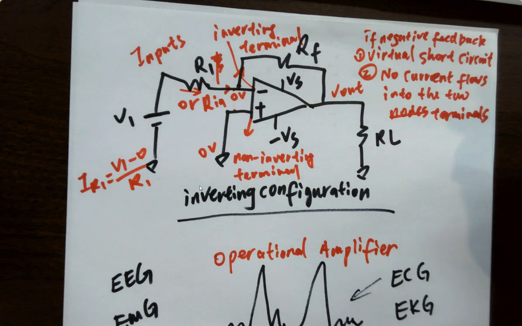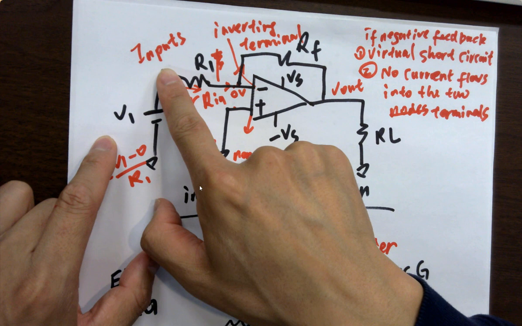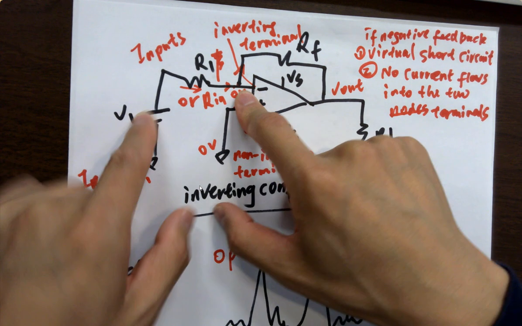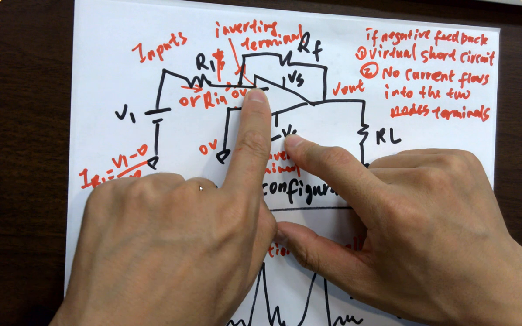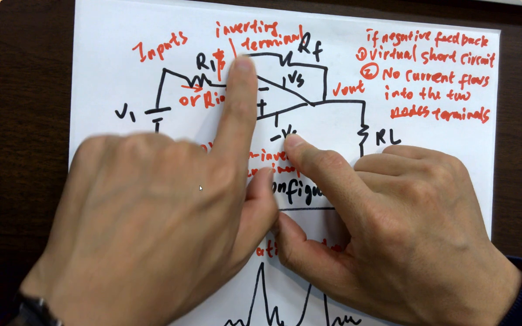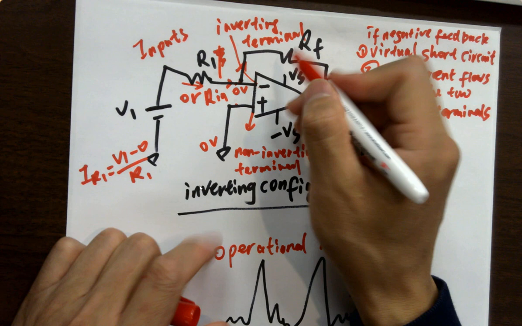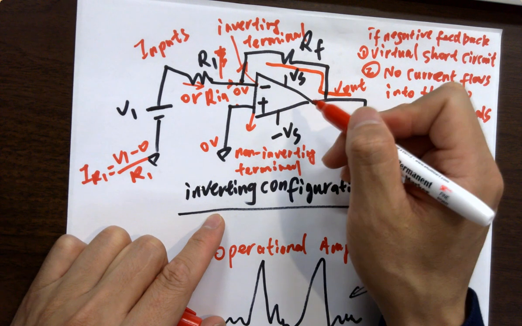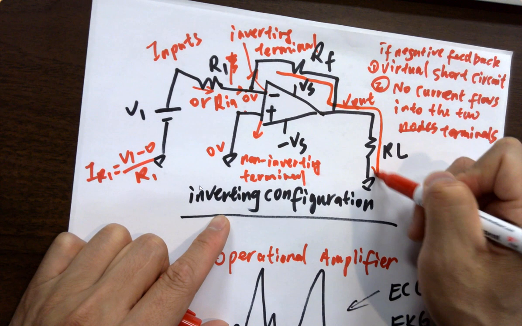It's a voltage divider, right? No, it's Ohm's law. V1 is the voltage in, and this is 0 volts. So the current will be V1 minus 0 over R1. And no current flows into the triangle, so it's going to go up and go through this resistor. Is it going into the output? No, it's the output terminal, it's not going in as well. So it's going to go through there, go through the load and go back to ground.